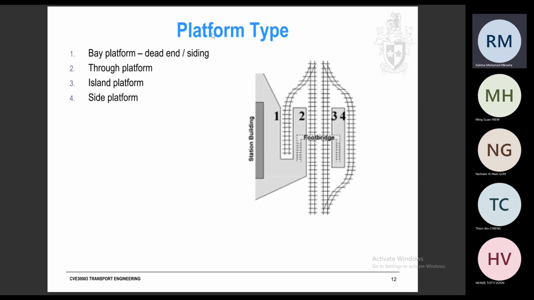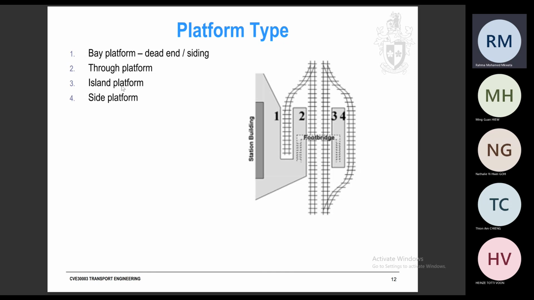So just now we mentioned there are 4 types of platform. We have bay platform or dead end. This is usually used for siding, but not as a main through platform. Then you have the second one, the through platform, where the train can actually go through the station.